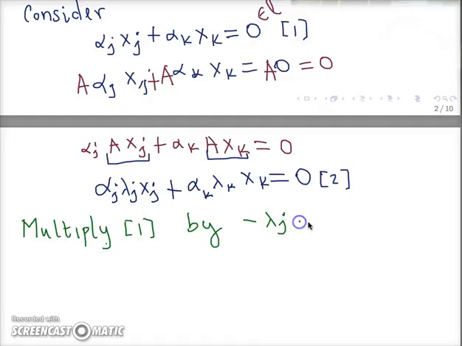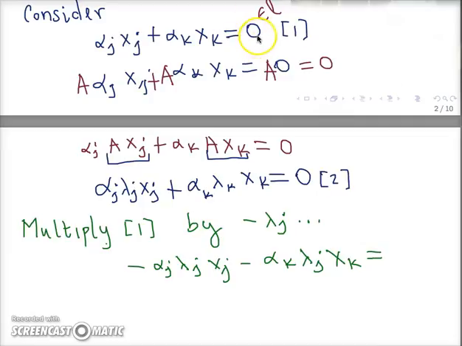By doing that, I end up with minus alpha j lambda j xj minus alpha k lambda j xk, and multiplying the 0 vector by minus lambda j, I still have the 0 vector.